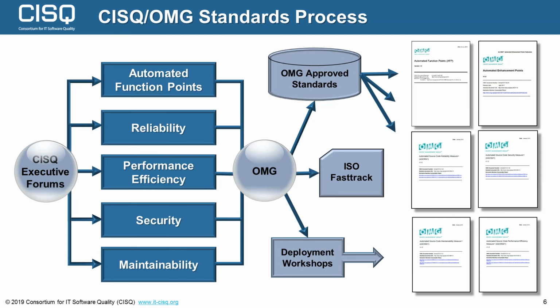Those are available free both on the OMG website and on the CISQ website. We're beginning to fast track some of these standards over to ISO. I'll show you more about that in a minute. And we're engaging in deployment workshops and other activities now to try to deploy the CISQ measures throughout industry and through government usage. Next slide.